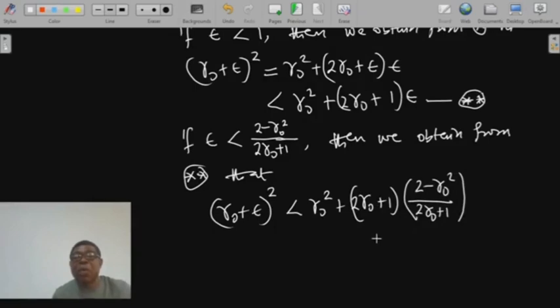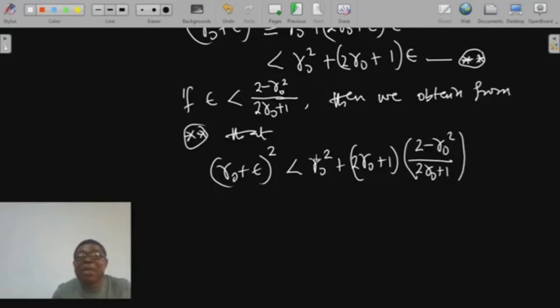This is what we'll get. But of course, we'll now see that this 2 gamma naught plus 1 will cancel this 2 gamma naught plus 1, so that what we have will now be equal to gamma naught squared plus 2 minus gamma naught squared. And this is nothing but 2.